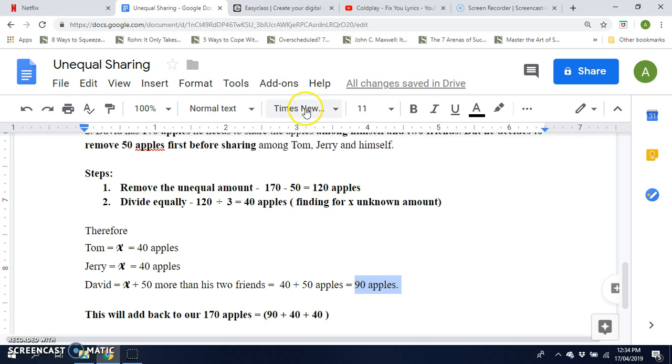So David has 90, Jerry has 40, Tom has 40. Therefore, that gives you back the 170. As I said, it is very important when you add it back up that you get back the same number you started with. It's called unequal sharing. Please review it carefully and we will do some exercises.